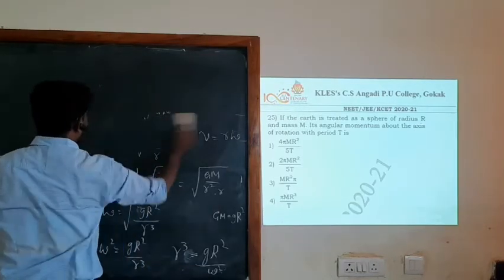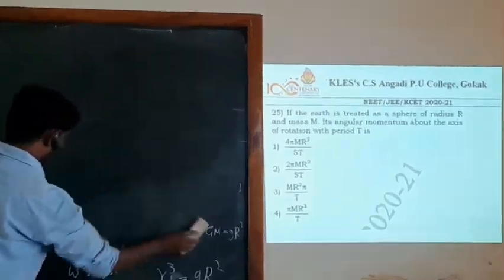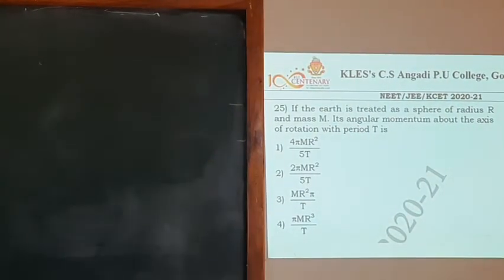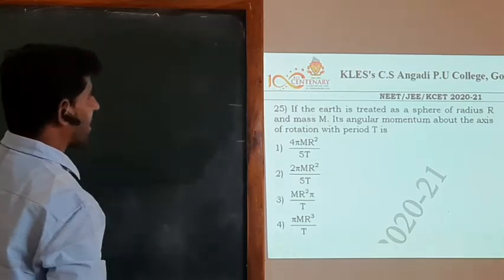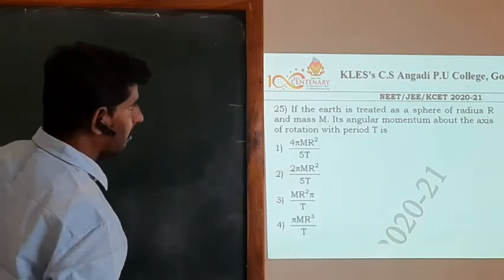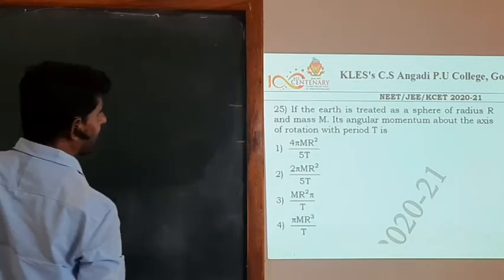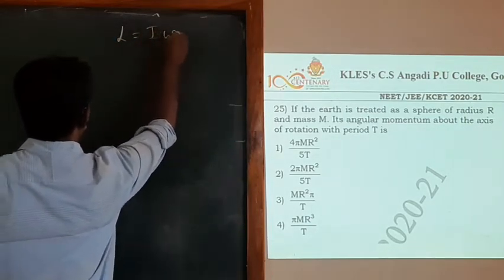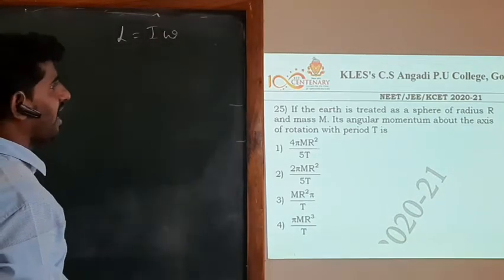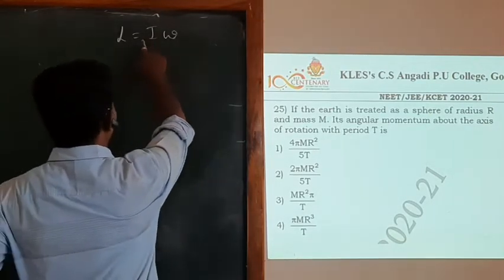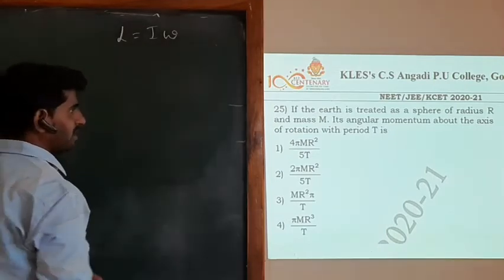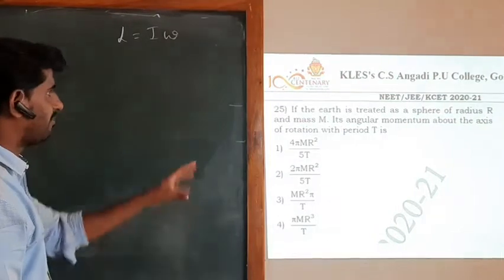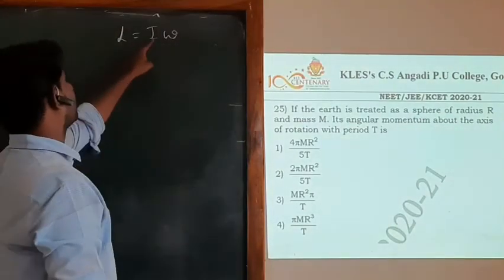Next one. Question number 25. If the Earth is treated as a sphere of radius R and mass M, its angular momentum about the axis of rotation with the time period T. So what is the formula for angular momentum? This is I omega. I have taken this because the options are in terms of M R square, which is related to the moment of inertia.